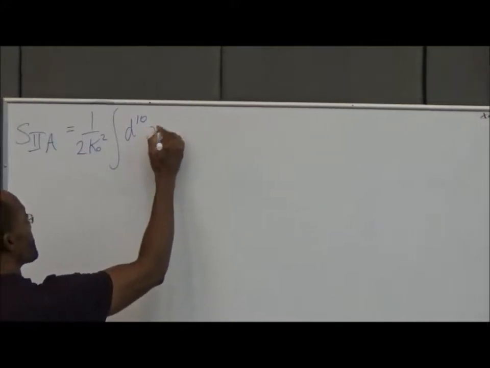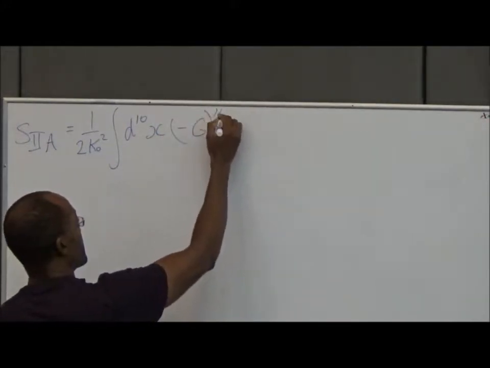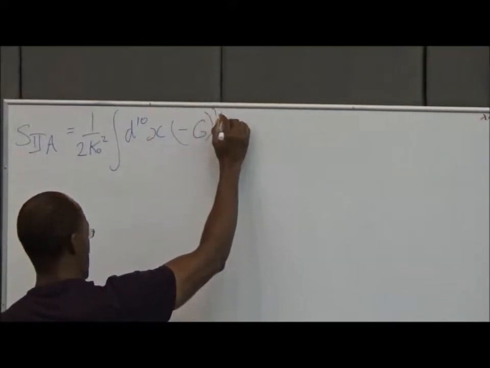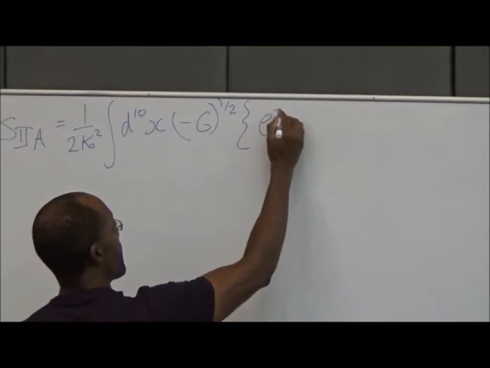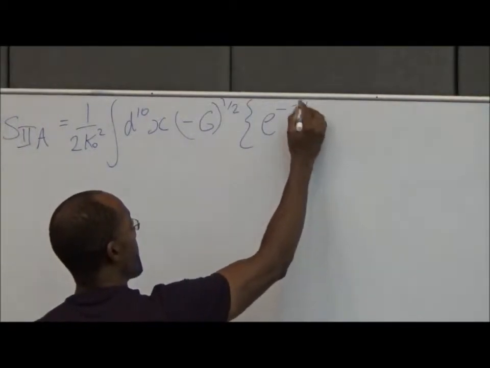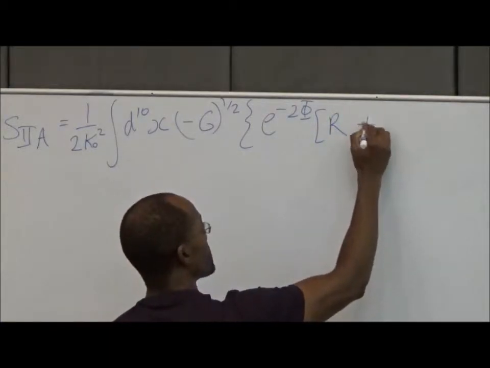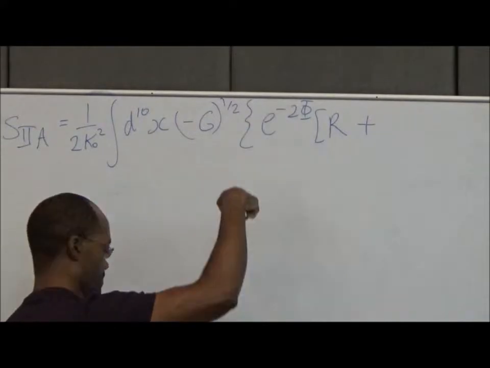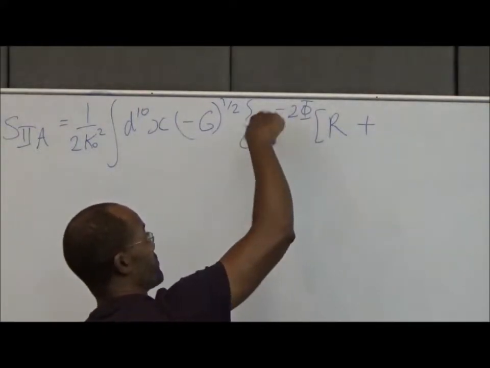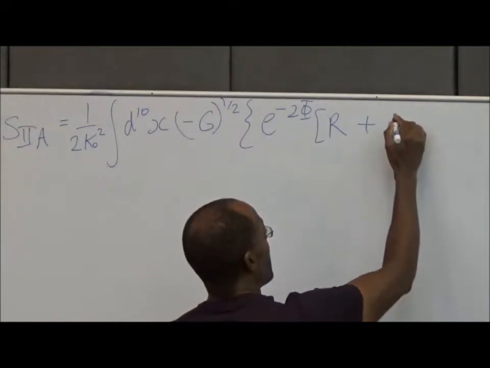So an effective 10-dimensional action, then. There's the leading stuff, which will look like this. So there's Einstein-Hilbert. I'll explain a little bit about this scalar piece in a moment.